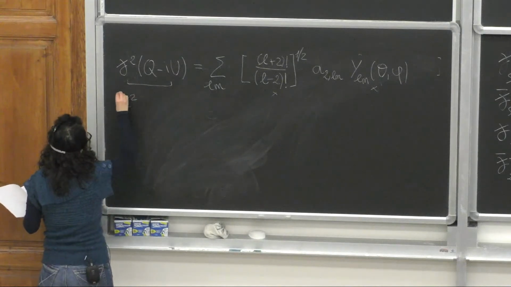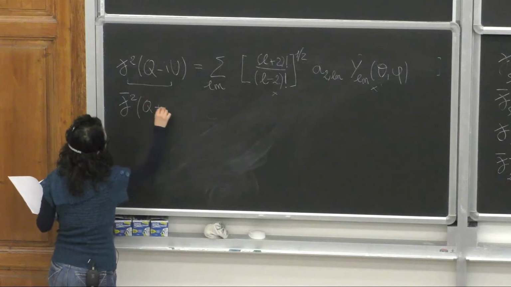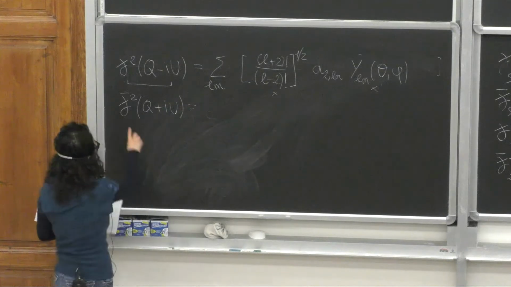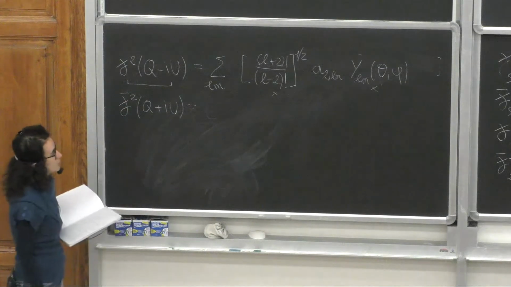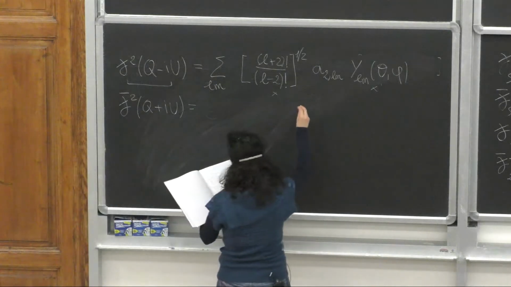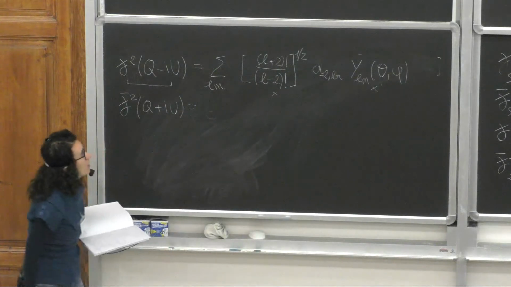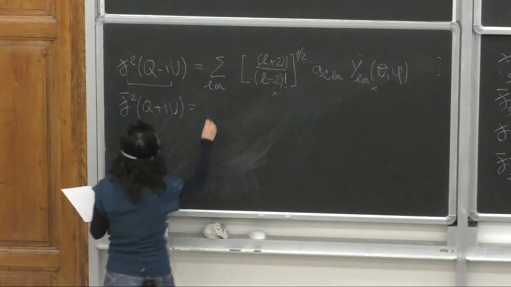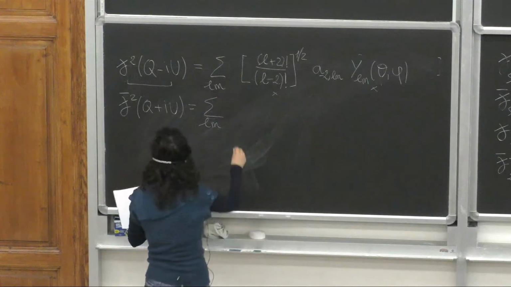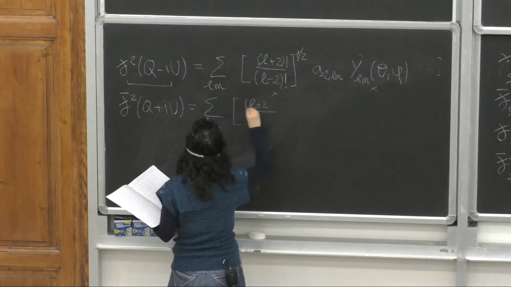Then the same can be done for the spin lowering, that at this point we apply to Q plus iU. And again, this operator will not act on the expansion coefficient, but it will act, sorry, this is of course minus 2, on the spin 2 spherical harmonic. And so when we apply that to the spherical harmonic, we again extract the prefactor.